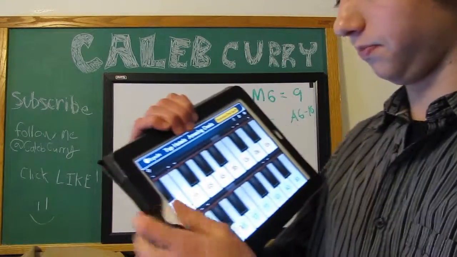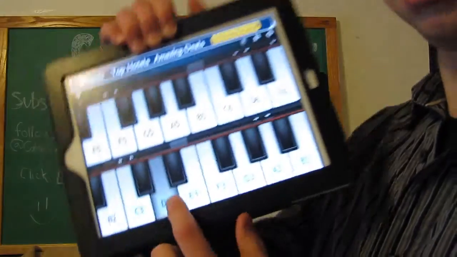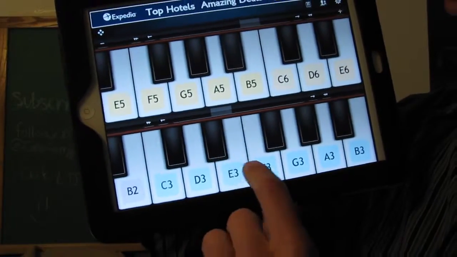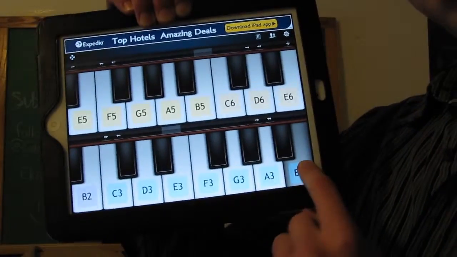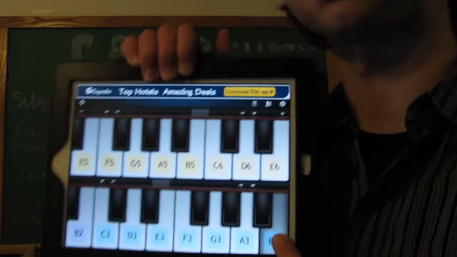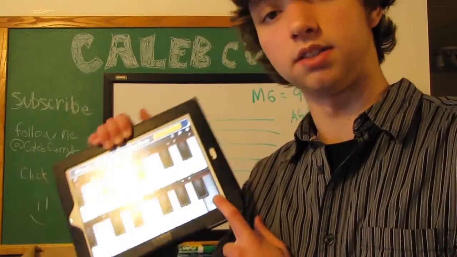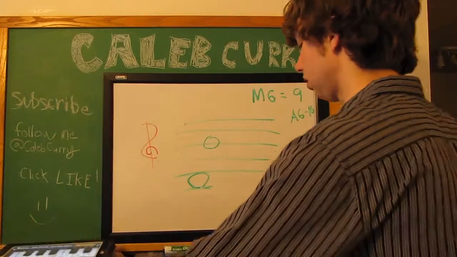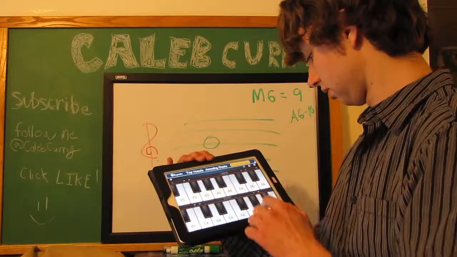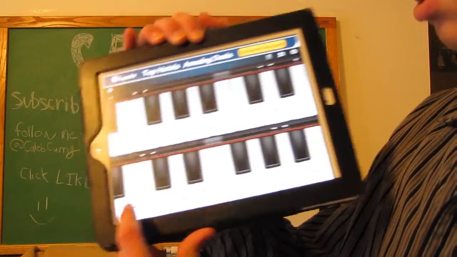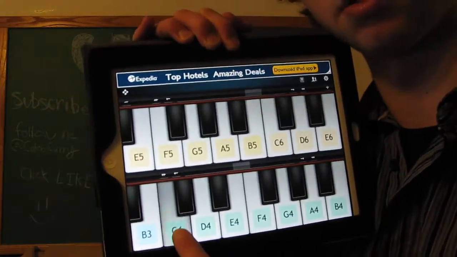So we start at D. D is right here. 1, 2, 3, 4, 5, 6, 7, 8, 9. Oh, there's a problem because there has to be 10. So it's a B sharp. Now let's take a look at this. B sharp. So C, right?